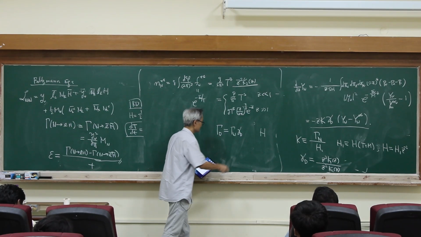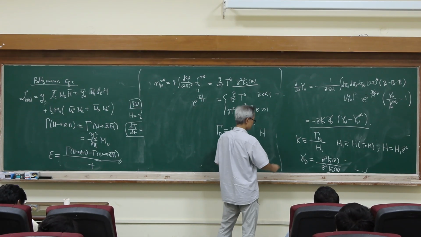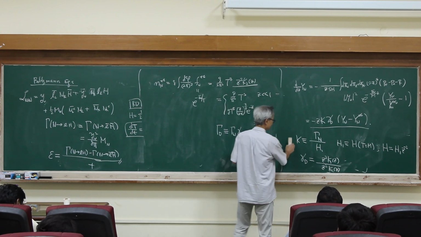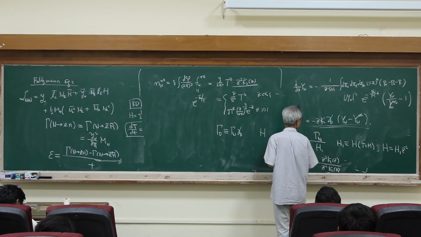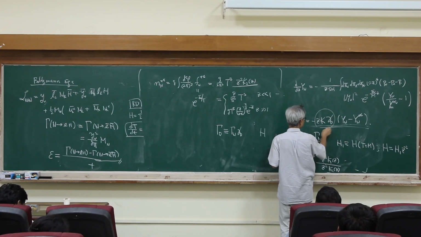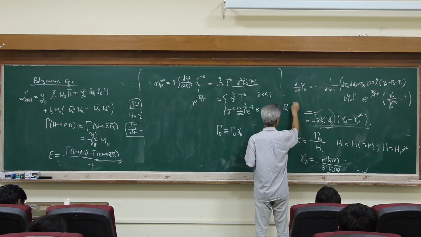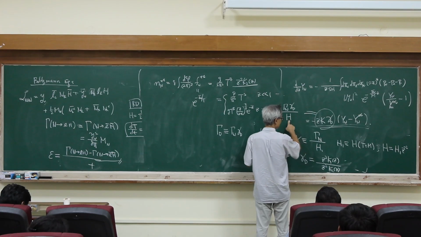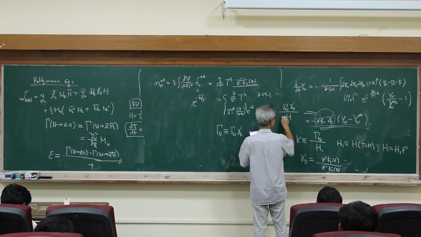I mean, this is the definition. So this quantity is gamma n, gamma d, over H, not H1, H, over z.